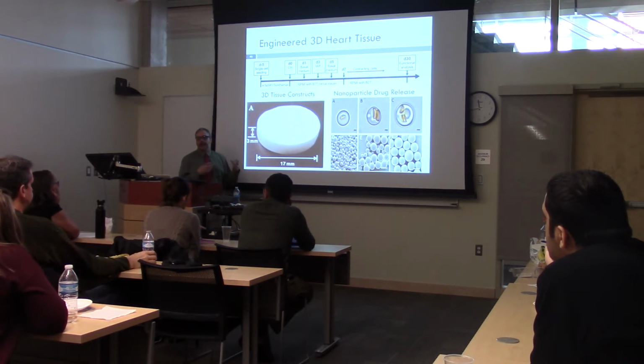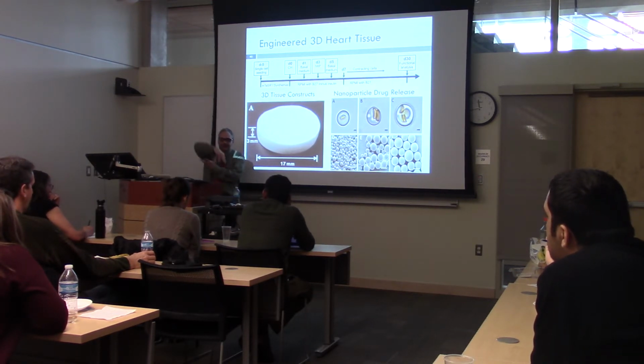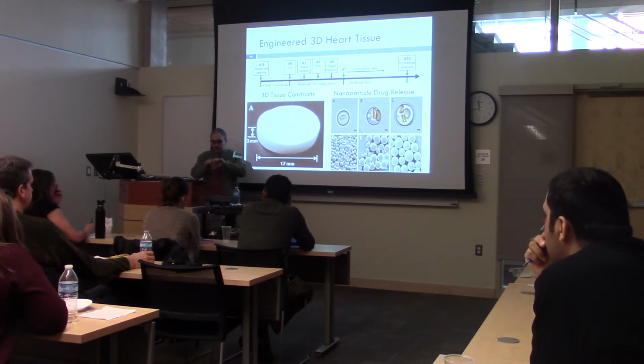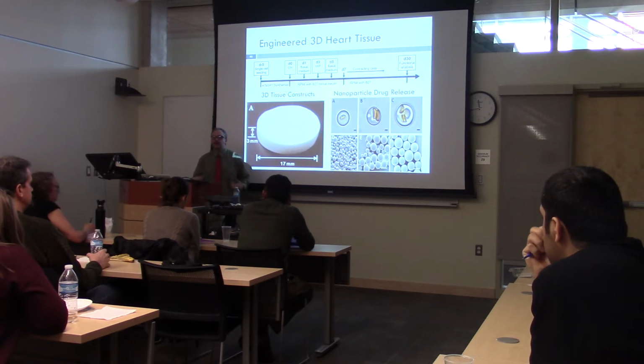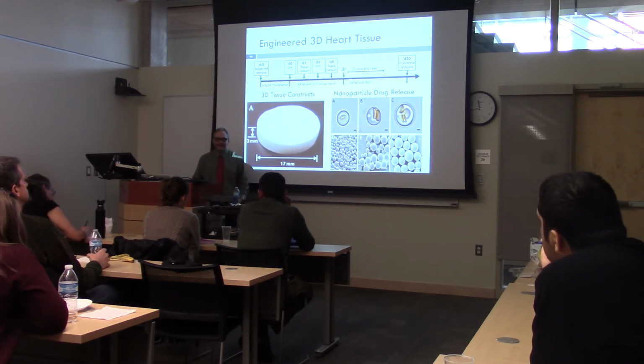Also looking at how we make this cardiac tissue without having to deal with the cells outside of it and implant them. Can we just put the cells in and everything happens inside the tissue, in a way that you could actually make at a company or make in a hospital?